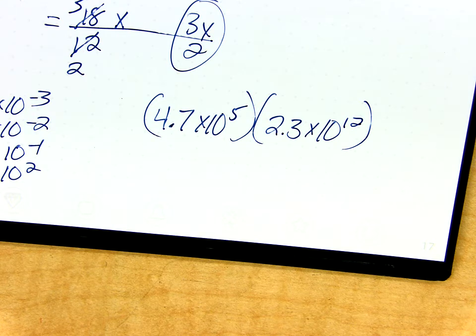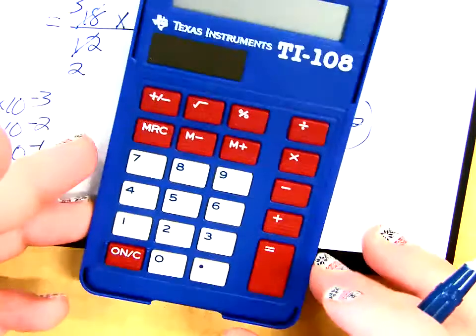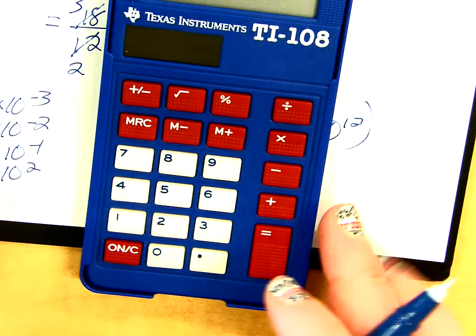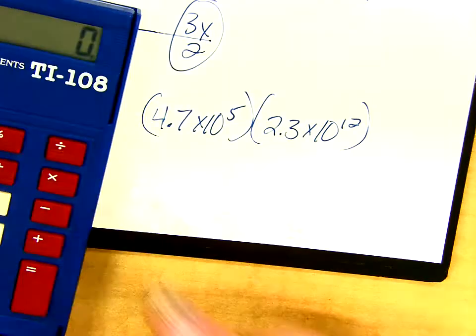I don't know if you get these yellow ones or if it has to be one of these blue ones. Let's assume that it's a blue one. The blue ones don't do exponents. They're just 4-function calculators that do your basic add, subtract, multiply, divide, square roots. That's about all you get. So assuming you only have access to this, which I'll double check.